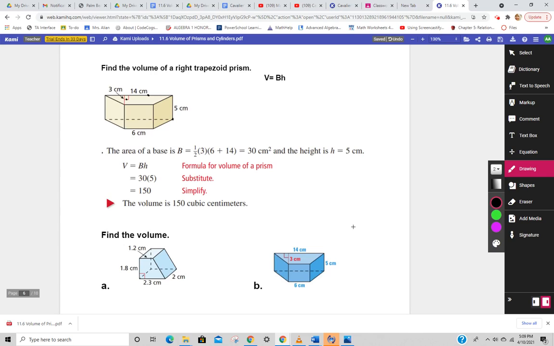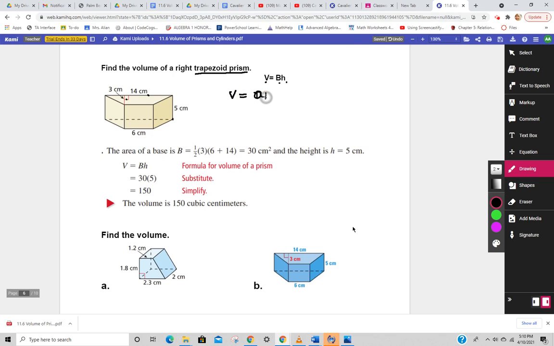So now we're going to find the volume of a right trapezoidal prism. Okay, the way we find the volume of a trapezoidal prism is the same way we find the volume of any prism. The volume equals base times height. The base, in this case, I'm going to write that out. The base is a trapezoid.